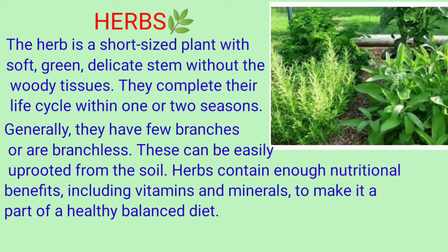The herb is a short-sized plant with a soft, green, delicate stem without woody tissues. They complete their life cycle within 1 or 2 seasons. Generally, they have few branches or are branchless.